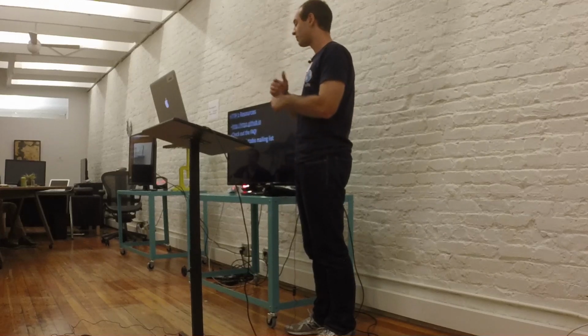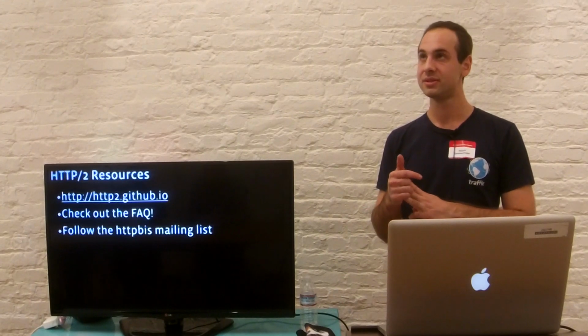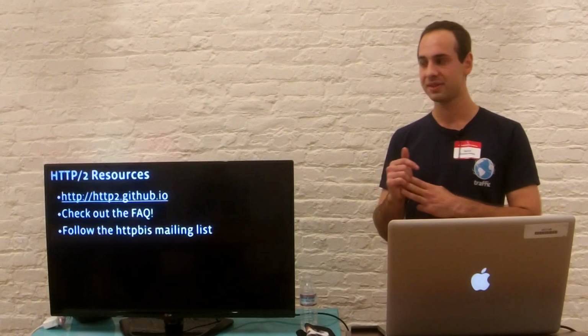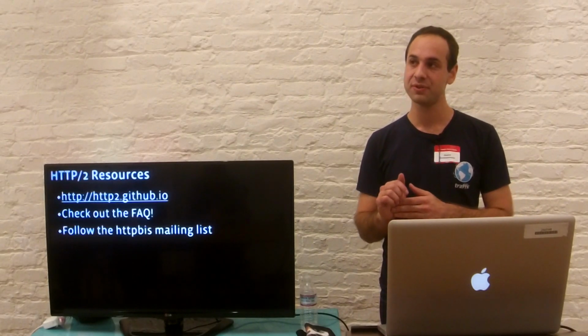Are there parts of HTTP 2 that are not part of SPDY, or is it really just SPDY? The question is, anything new in HTTP 2? So the new things in HTTP 2 are the priority groups, HPACK. There's a number of other, a lot of bug fixes. And there's a few other things I didn't get into.